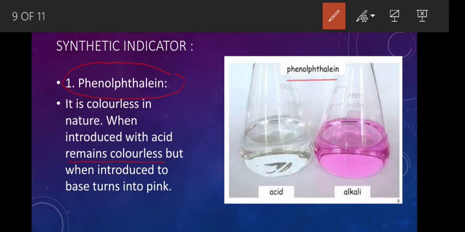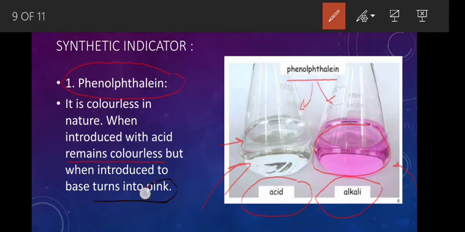When you introduce phenolphthalein to acidic solution, it remains colorless, no change in the color, right? When you introduce it to basic solution, then what happens? It becomes pink color. Which color, children? Pink color.